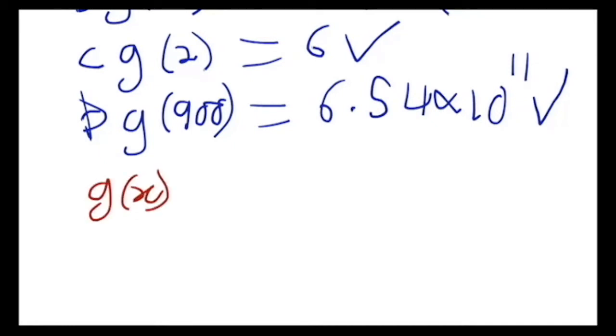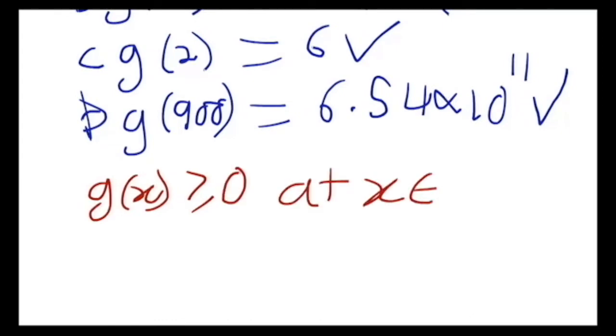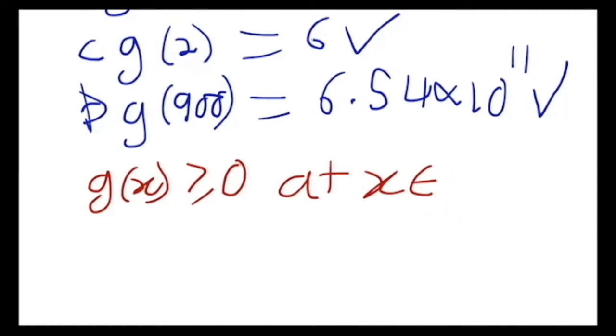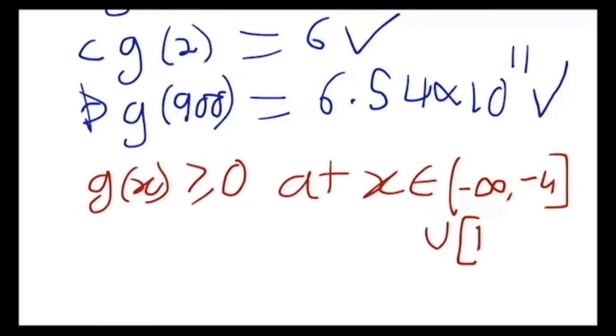So our answer is g of x is greater than or equal to 0 at, now we're going to put our positive intervals. So x is an element of all real numbers from negative infinity to negative 4, union with 1 to infinity. And our last interval is the merge of the last two positive intervals because this polynomial has to be greater than or equal to 0.